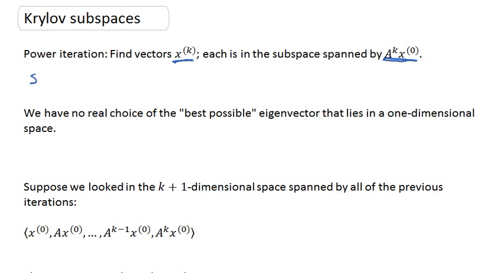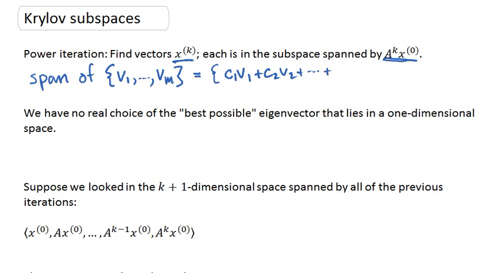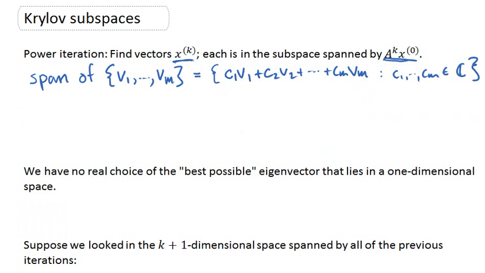So I'll remind you of the span of a set of vectors. It's just the set of all linear combinations. So the set of all c1 v1 plus c2 v2, etc., such that these numbers are real or complex depending on the context. And we're going to use a special notation for this.